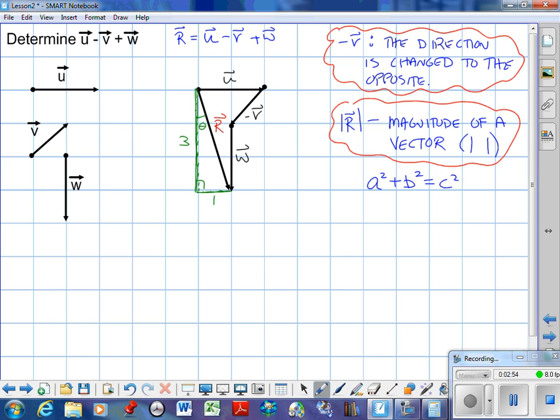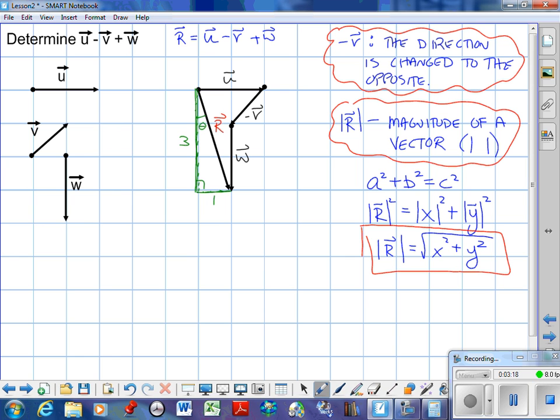Well, the magnitude of the resultant is your c, it's your hypotenuse. Magnitude of the x component squared plus magnitude of the y component squared. So at the end of the day, this is the formula that we want. Magnitude of resultant is the square root of our x component squared plus the y component squared. So there is a formula you want placed on your cheat sheet.